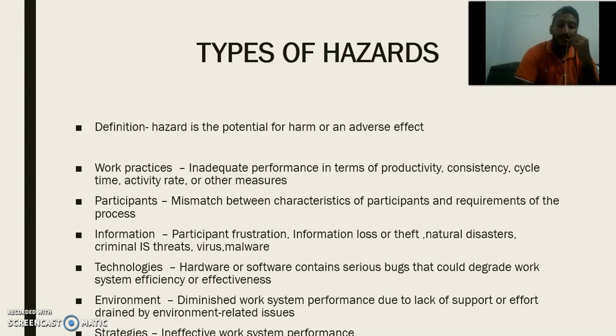Environment hazard occurs when things are inconsistent with the organization culture and there is a lack of fit with the demands of surrounding environments, which causes diminished work system performance due to the lack of support or effort drained by environment-related issues.